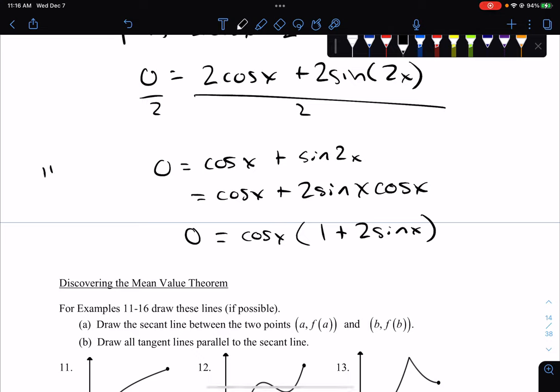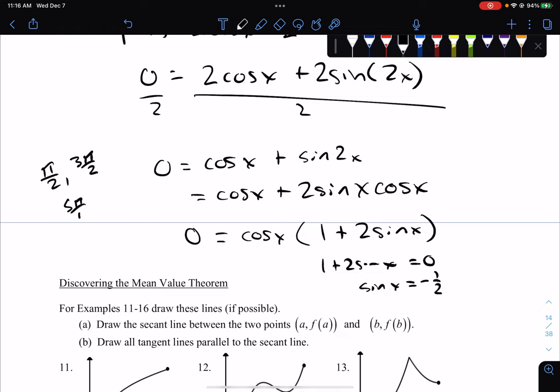That's going to be pi halves, and that's going to be 3 pi halves. And then I need 1 plus 2 sine of x to equal 0. So that means I need sine of x to equal negative 1/2. And if I look at my chart, my sine, my y value is going to be negative 1/2 at what?